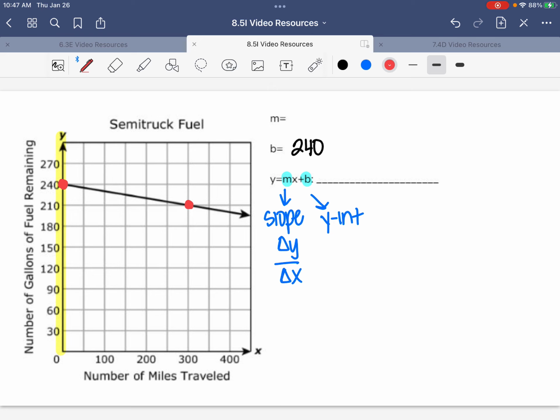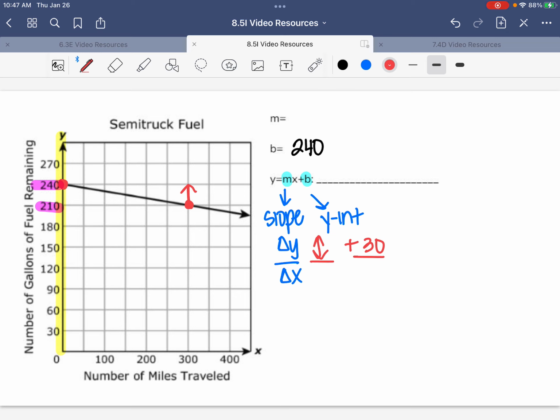If I go up or down, that is my change in y. To go from the lower point up to the top point, I'm increasing. So I'm going up, and I went from 210 to now being at 240. So that is an increase of 30.